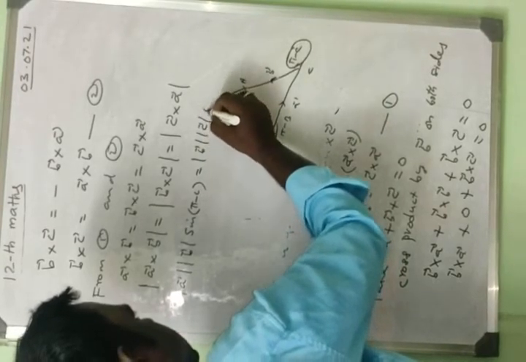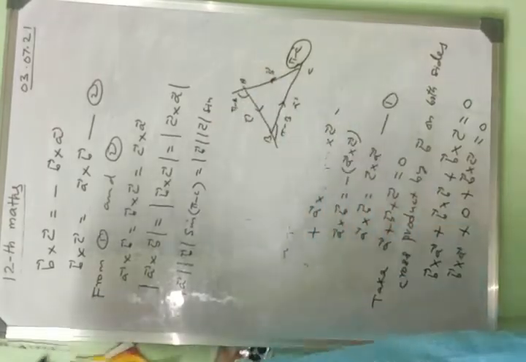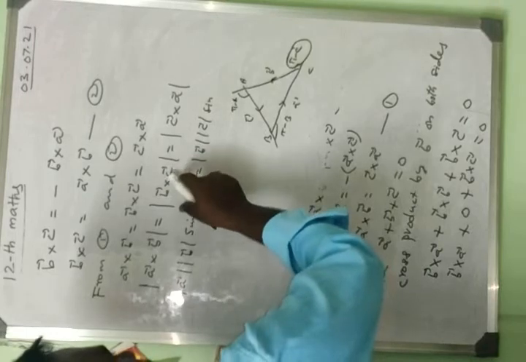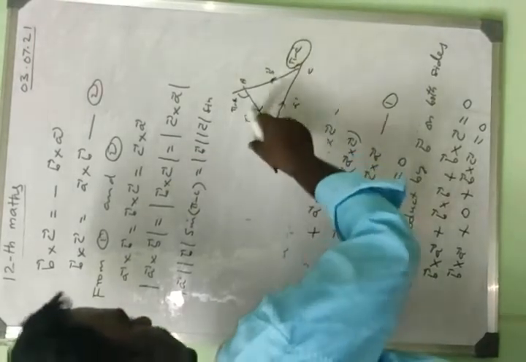C, sin theta. What is the theta angle value? What is the in-between angle of B vector and C vector? Here B, here C coming.